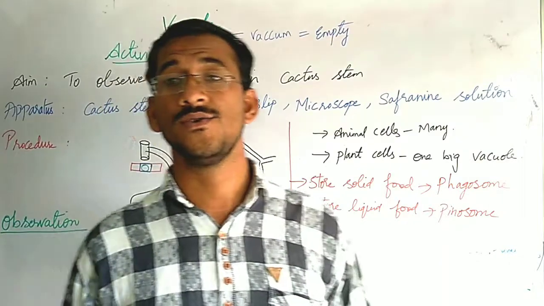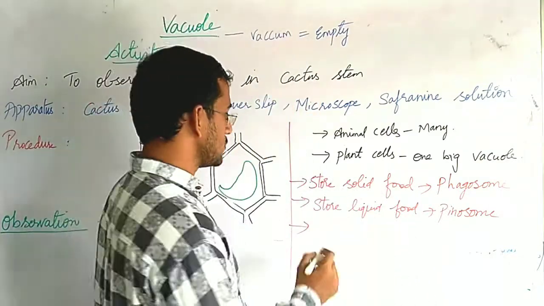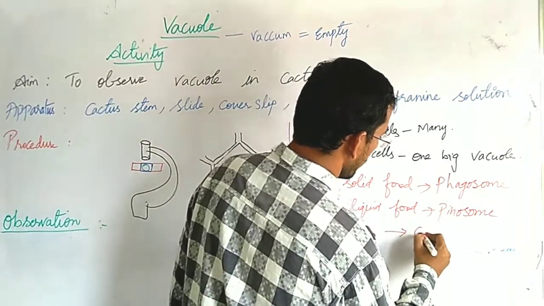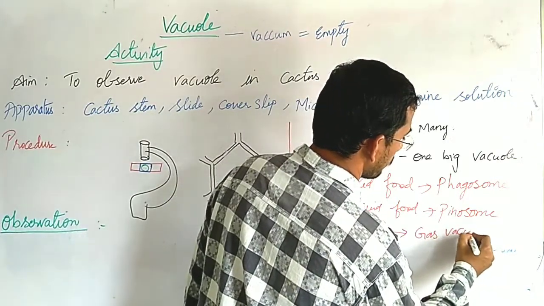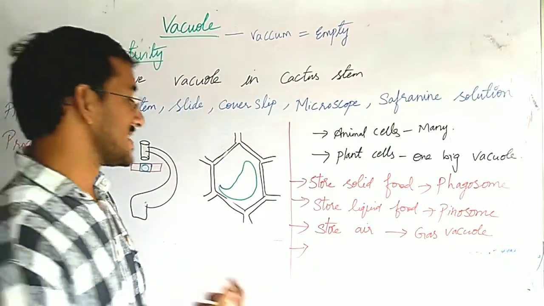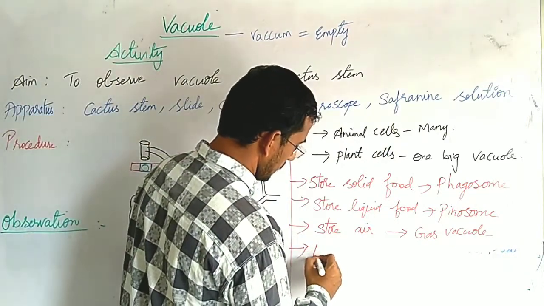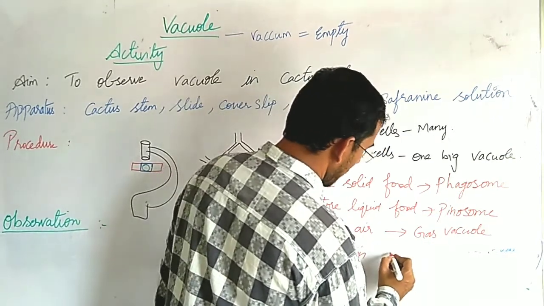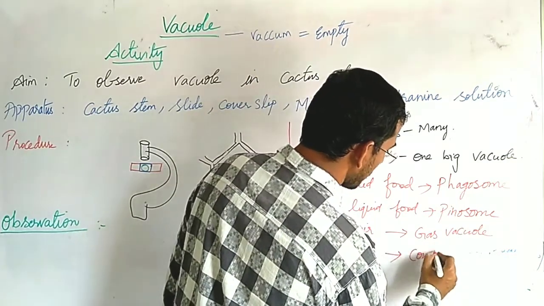Whereas some vacuoles store air, so those are called gas vacuole. The vacuole which helps in excretion is called contractile vacuole.